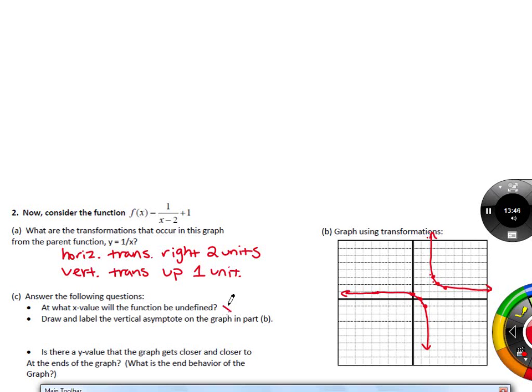So then it said to go and label our vertical asymptote on the graph. To draw and label, a small note. Label does not mean, like in science, label the mitochondria means point to it and write mitochondria. In math, it doesn't mean point to it and write vertical asymptote.